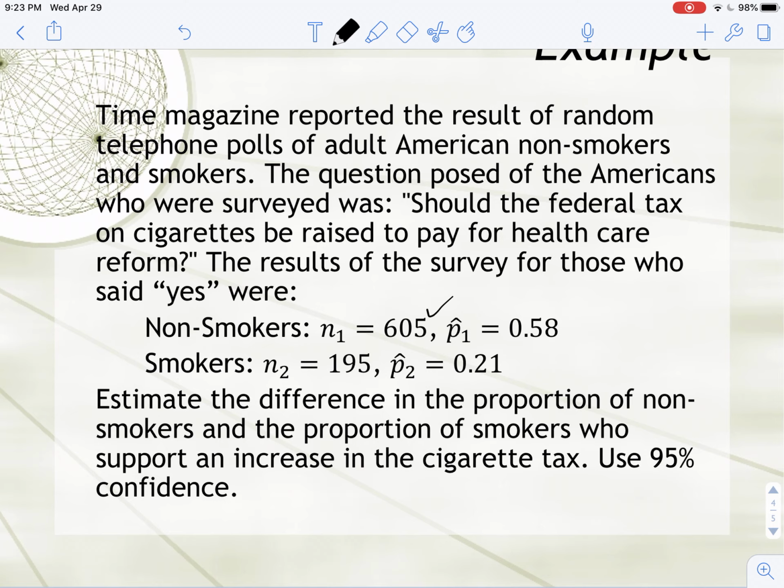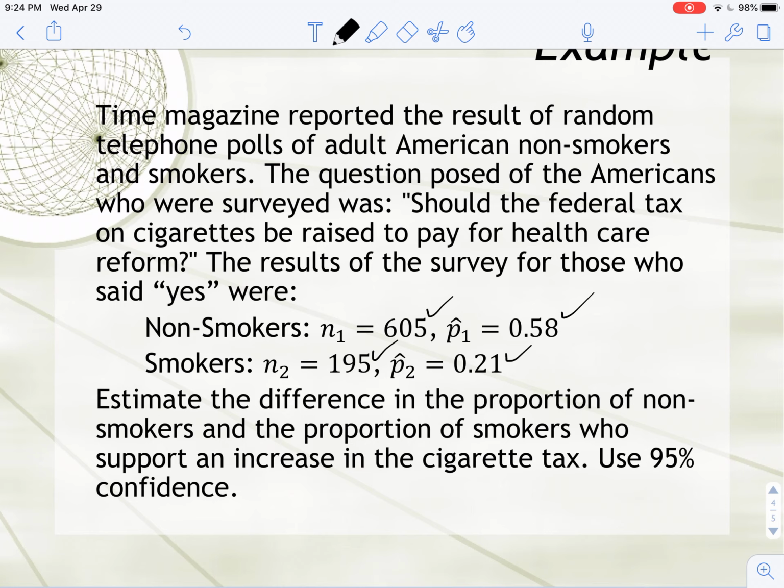The sample proportion was rounded to 0.58, so about 58% of the non-smokers sample said yes to that question. Then for the smokers sample, we had 195 smokers that were sampled. P hat 2 was 0.21, so 21% of the smokers sample said yes to that question.